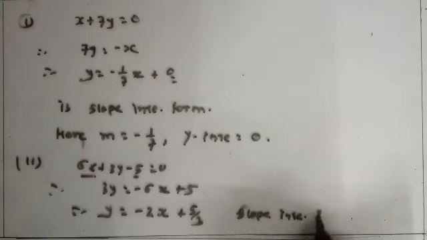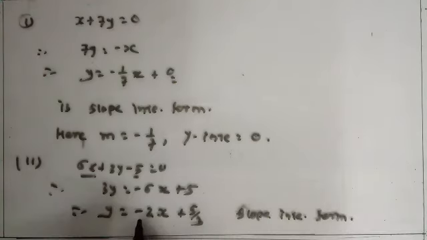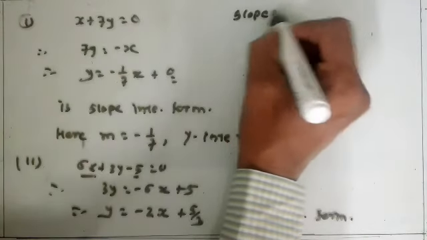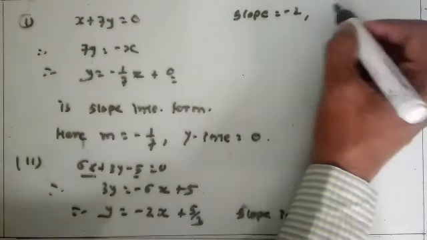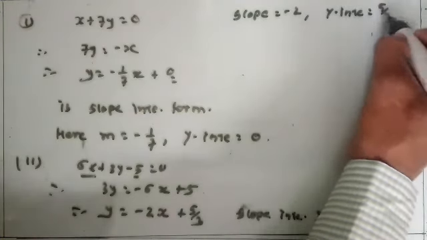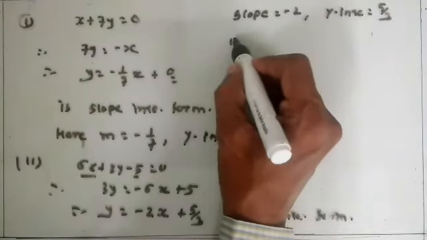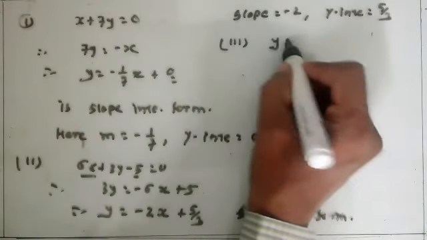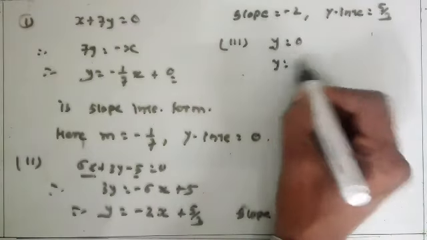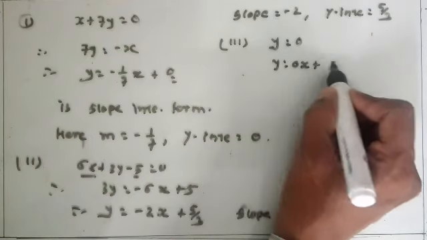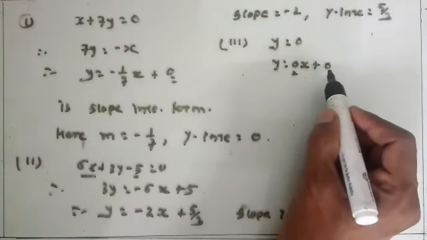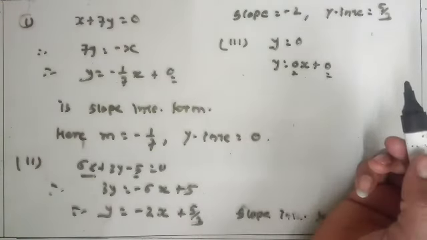Okay. Now compare with y is equal to mx plus c. Slope becomes minus 2 and y-intercept is equal to 5 upon 3. Clear? Now for the third, y is equal to 0. So compare with y is equal to mx plus c. Here slope is equal to 0 and y-intercept is equal to 0. Clear?